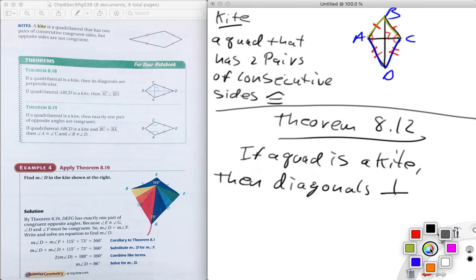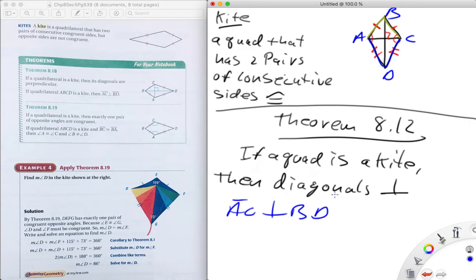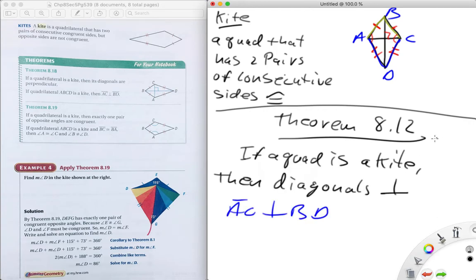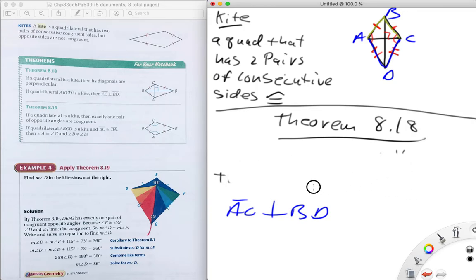So AC is perpendicular to BD. If a quadrilateral is a kite, then its diagonals are perpendicular. And we got theorem 8.19. That was 8.18, the previous theorem.